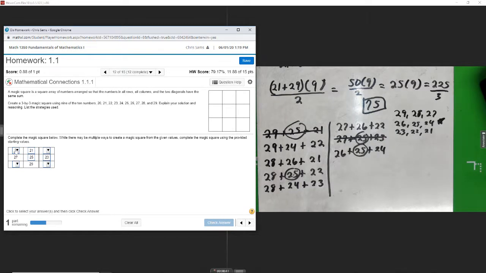Okay, now I got to fill in my corners. I'm looking for something that is paired with 23 and 21, because I want to put that up here.